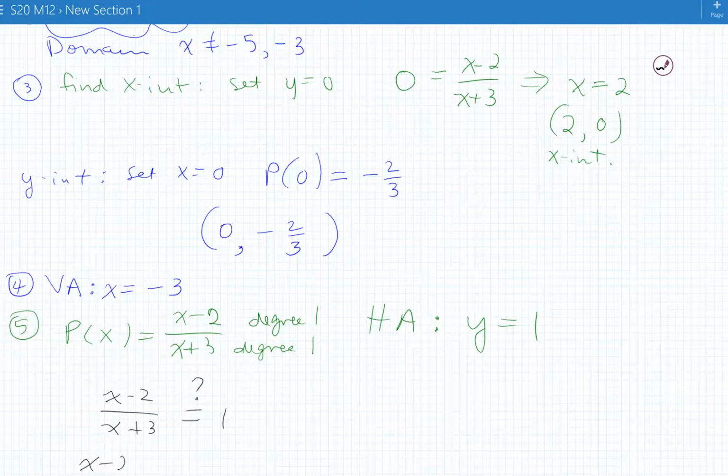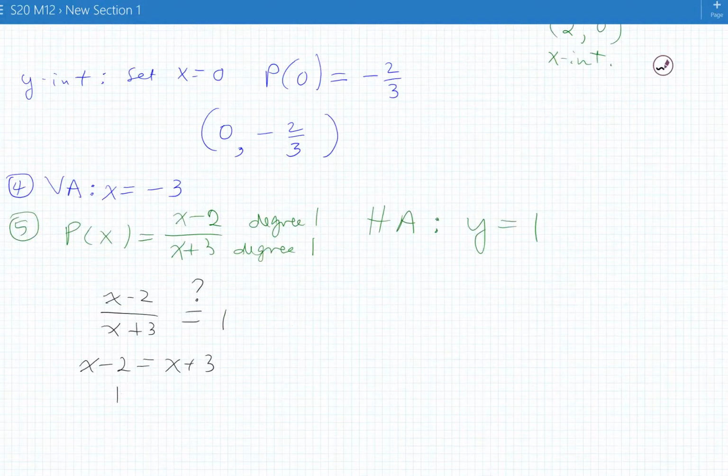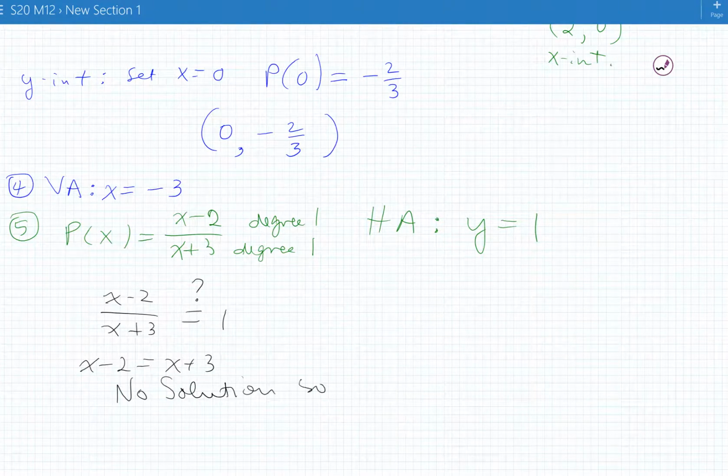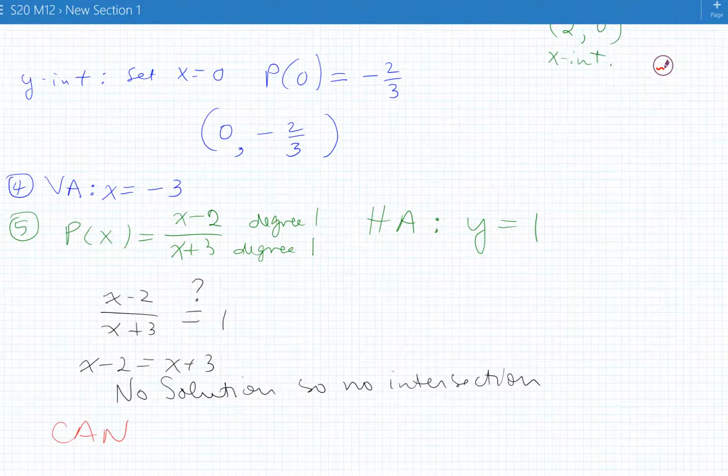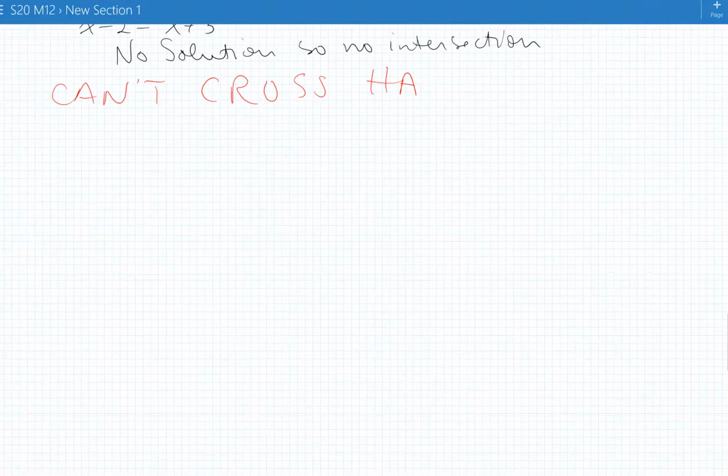Well, in this case, it will only happen if x minus 2 equals x plus 3, and there's no solution, so no intersection. So what we have found is that you can't cross the horizontal asymptote, or we would have found the place where that happened. Okay, so let's start graphing.